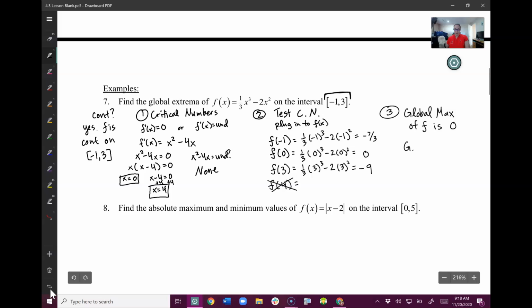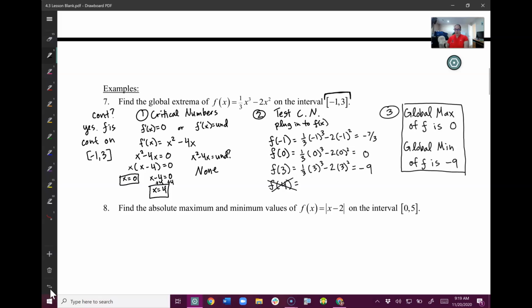And the global or absolute min of f is the very smallest y value, -9. And those are our answers. That's it. And you'll notice the extreme value theorem held. Because it was continuous on this interval, we were guaranteed to have one of each.